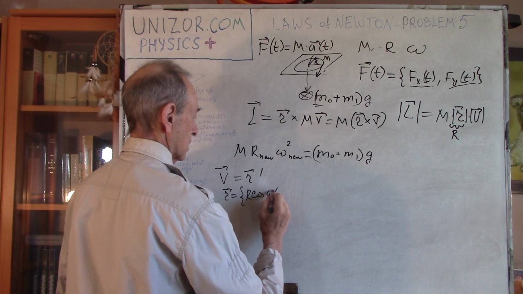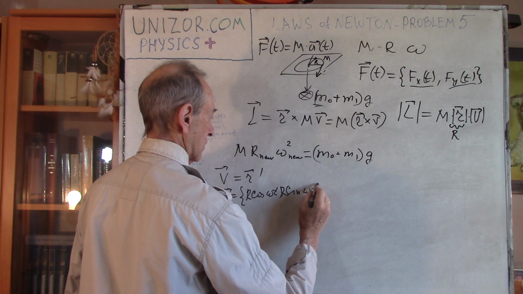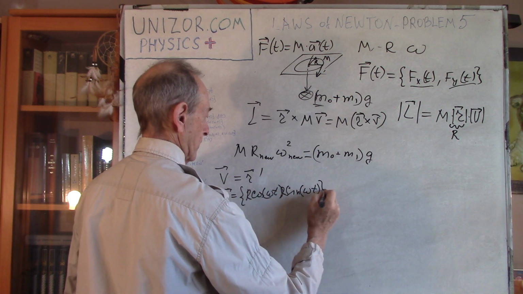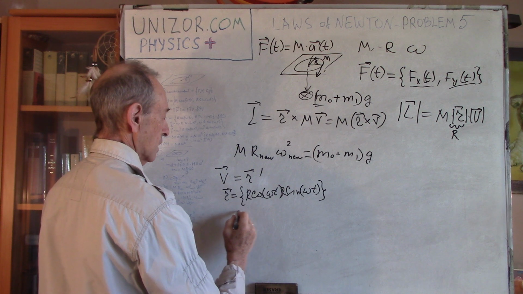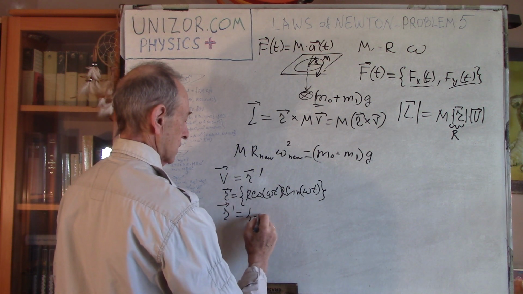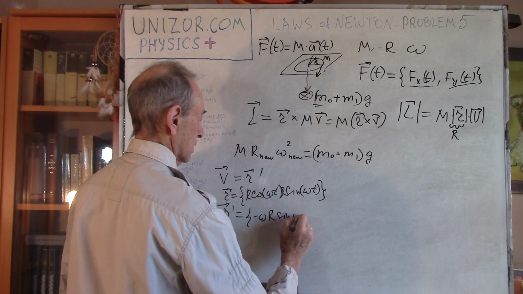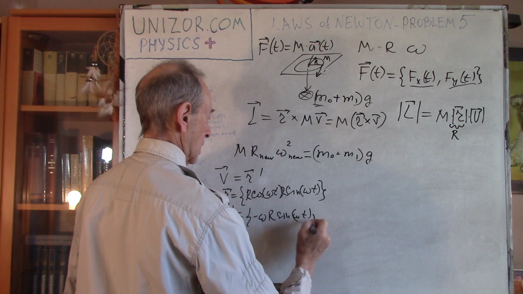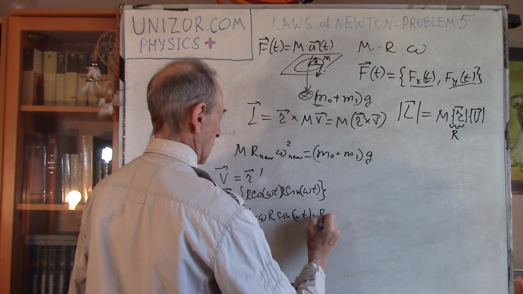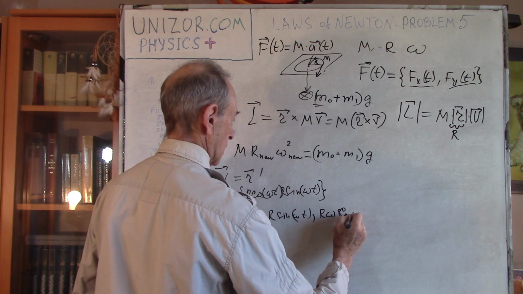So if r is r cosine omega t and r sine omega t, then the first derivative is minus omega r sine omega t, comma r omega cosine omega t.